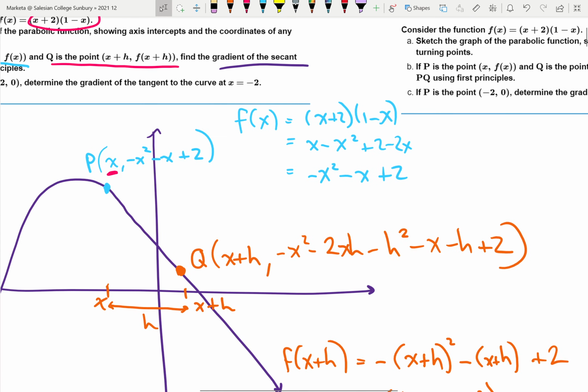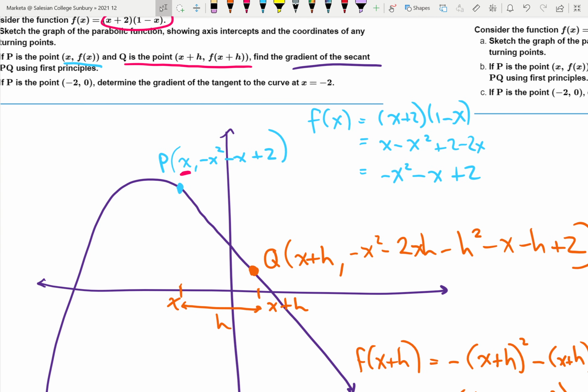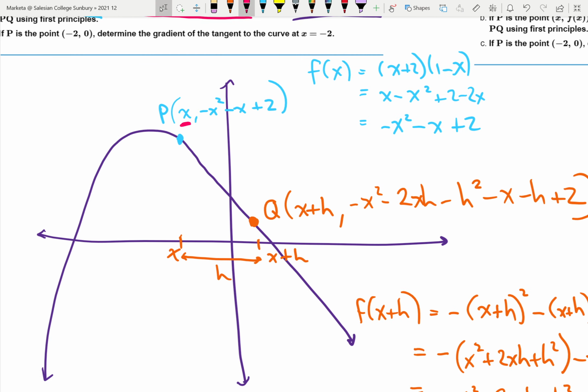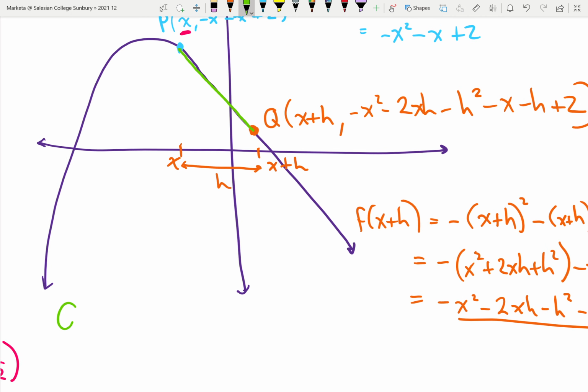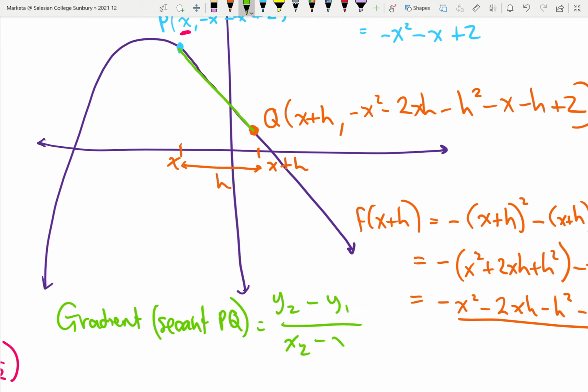And if you've got these, then really finding the gradient of the secant from first principles is really easy and makes sense. And I'll show you why. Because the secant is the straight line that connects those 2 points. So the gradient of that line, the gradient of the secant PQ, is going to be just like your usual gradient, y2 minus y1 over x2 minus x1.